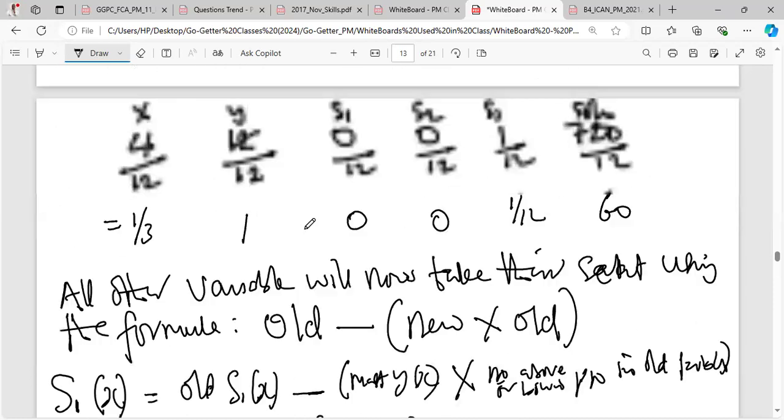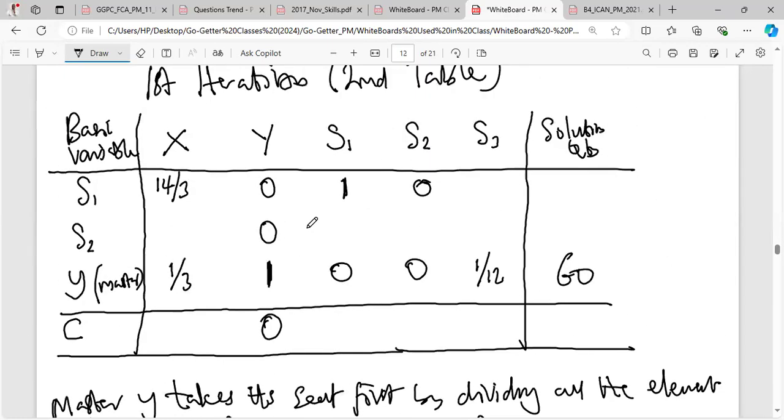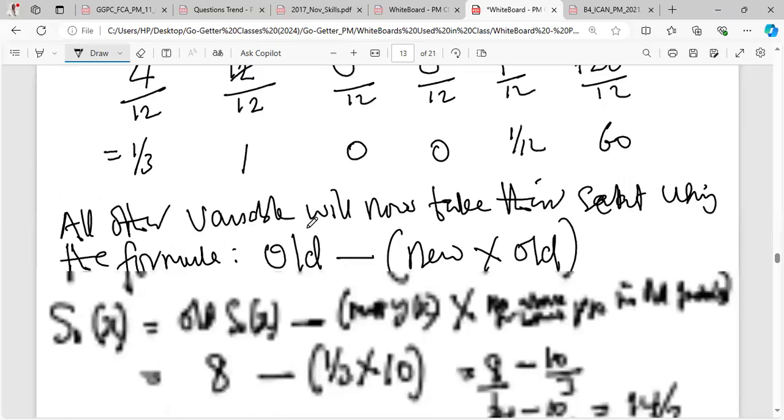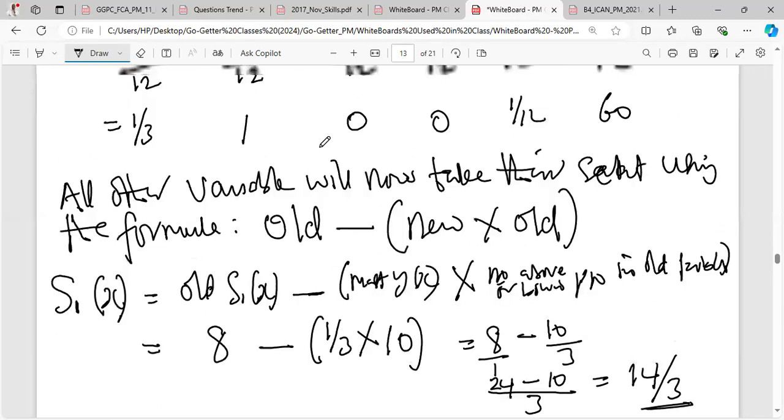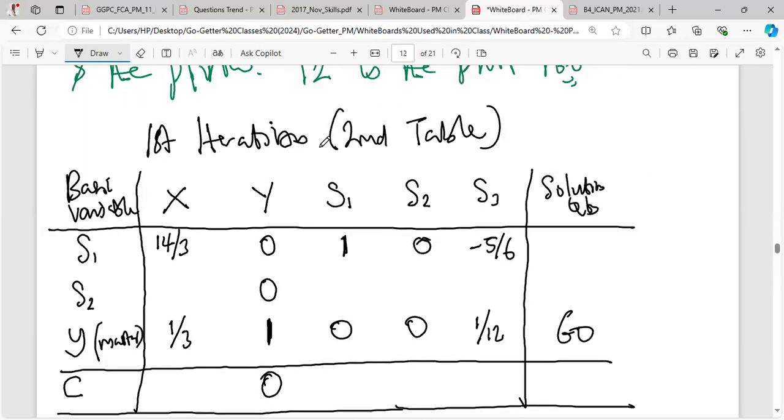So you can come here and say minus 5 over 6. Then we do the next one here. This one happens to be 800 minus 60 times 10, which is 600. That will give you 200. So we put our 200 here.